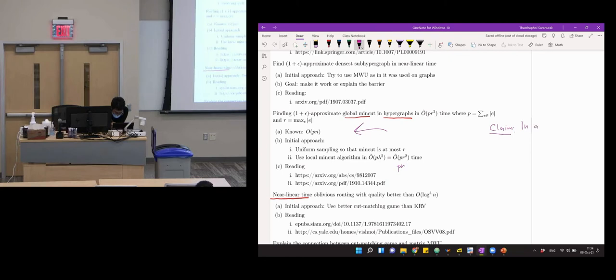In a graph G, we have that the number of alpha-approximate min cuts in G is at most something like 2 times n to the, it's polynomial in n.